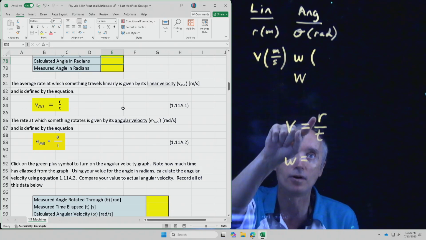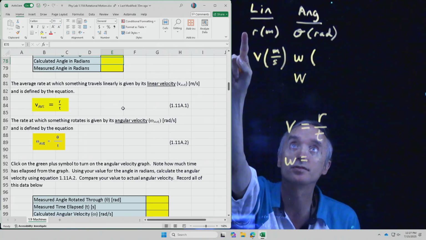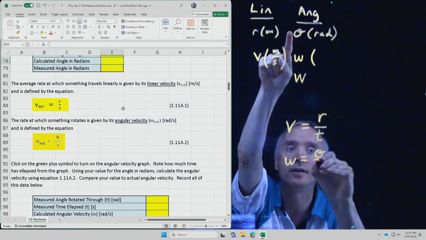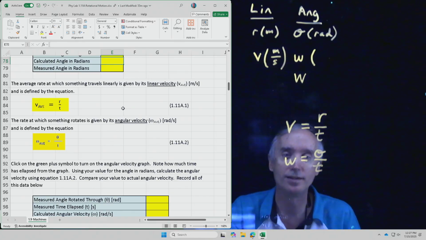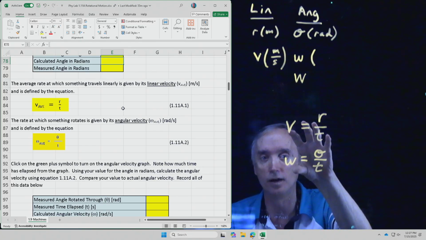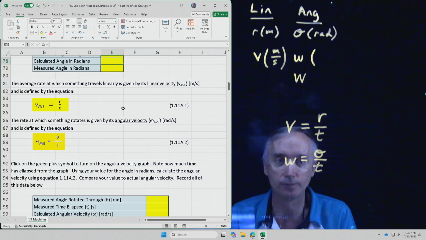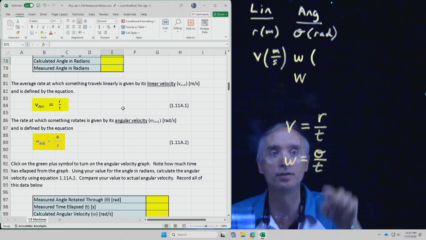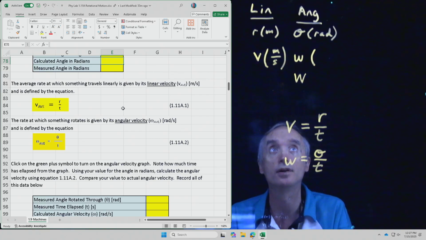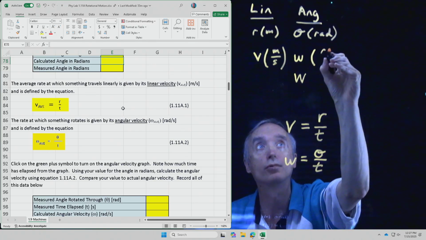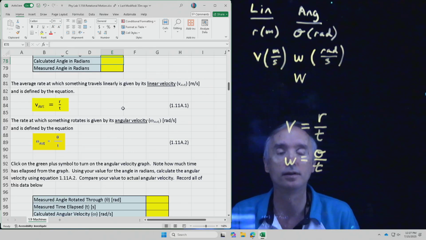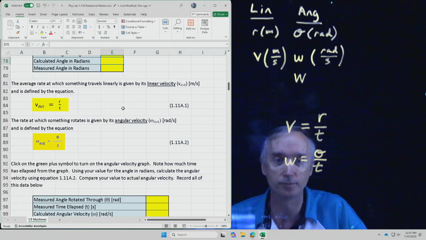Instead of r, which was linear distance, we want angular distance. So that's going to be theta, divided by t. I didn't put the word average in there, but these are kind of the definitions of what these concepts are. Now let's look at the units. This is radians, this is seconds, so it's going to be in radians per second. So that's going to be angular velocity.